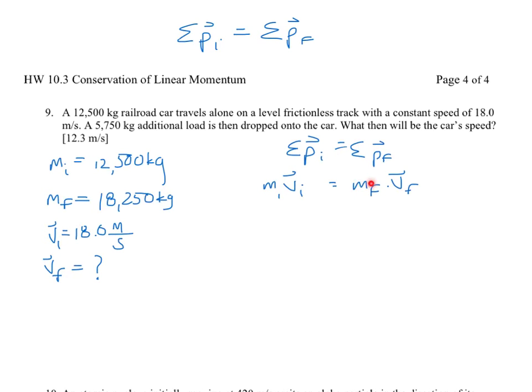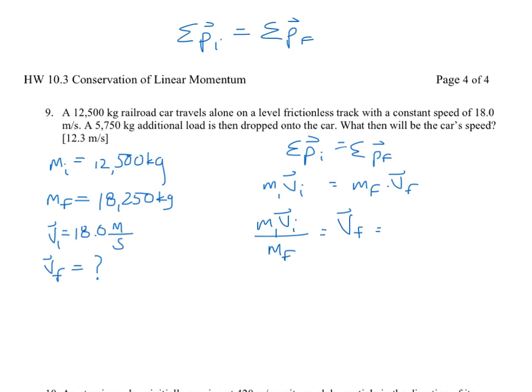So we divide by the mass final: M initial V initial divided by mass final equals the final velocity of the car. So let's find out what that actually is. It had a certain amount of momentum. The mass changed, and so the velocity should change correspondingly.